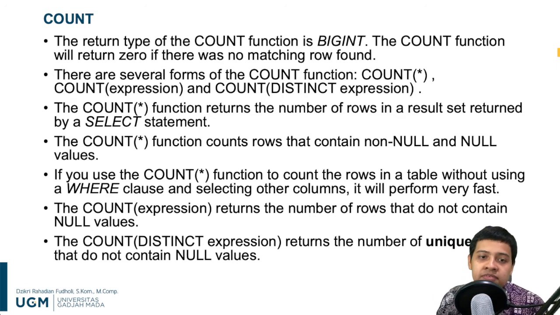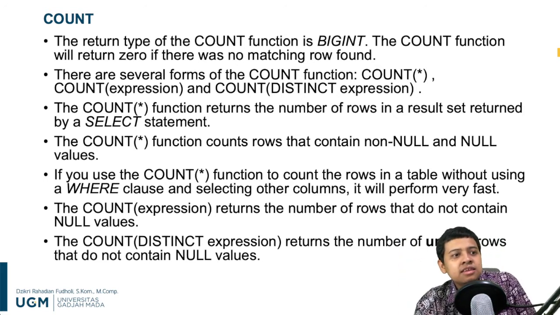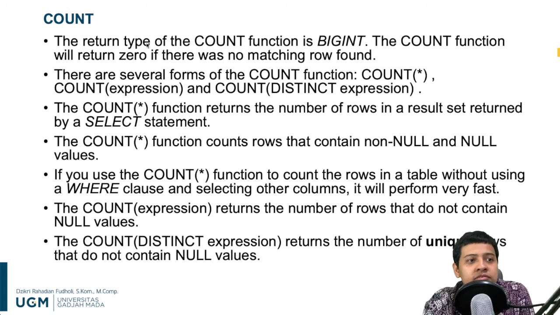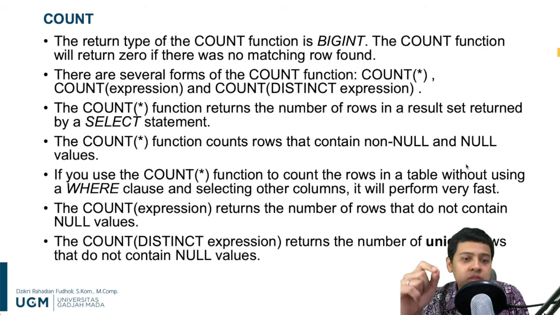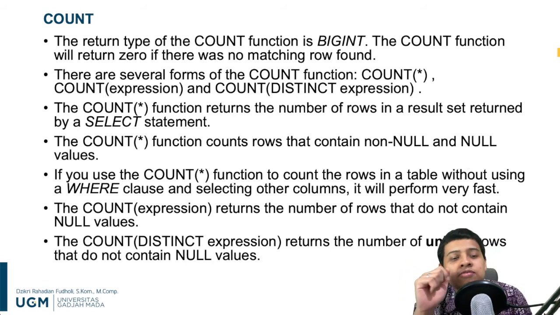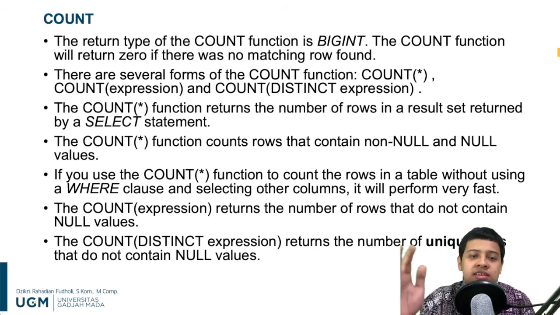But if we have a where clause, then we'll just count how many rows the result has. The count star function counts rows that contain non-null and null values. So just as before, even though there are null values, we will count them. We are not going to ignore anything.